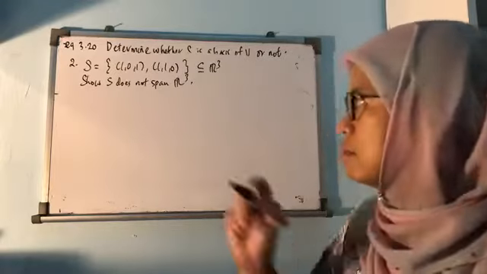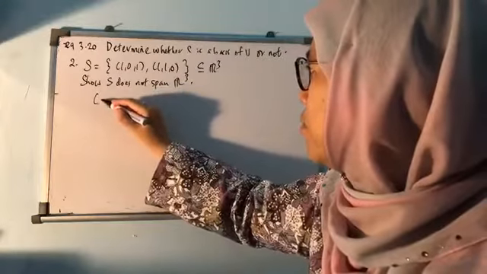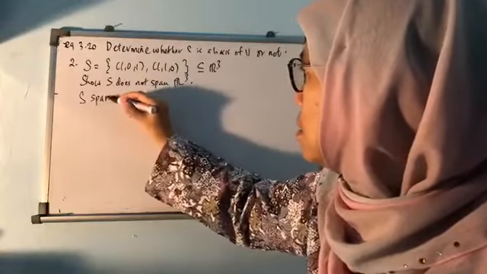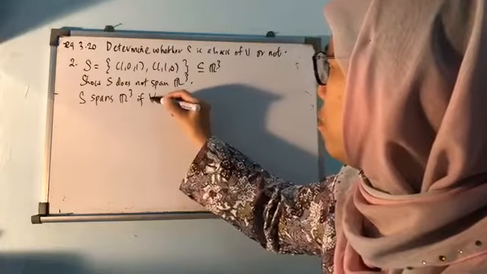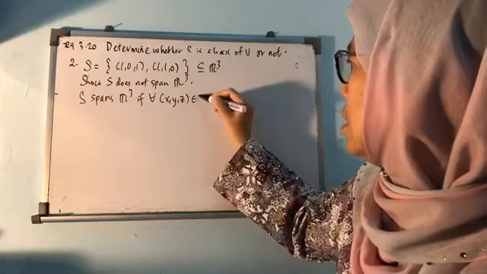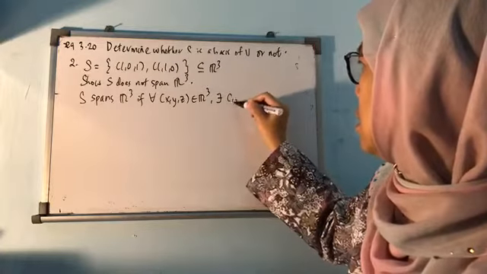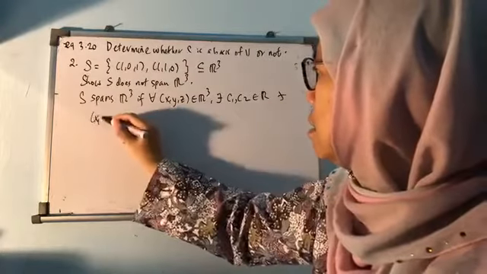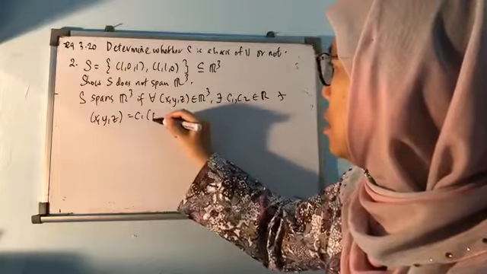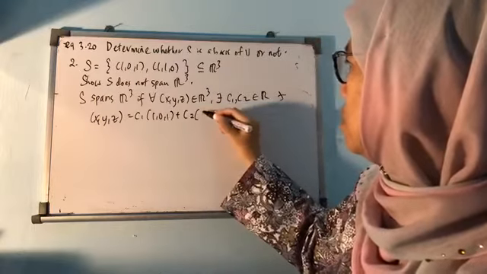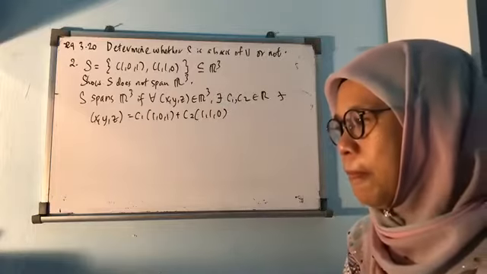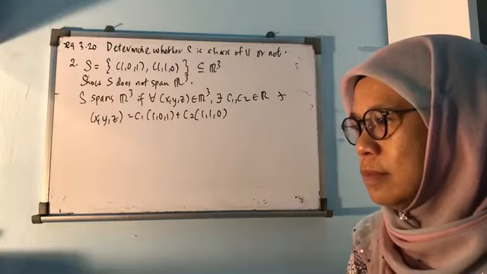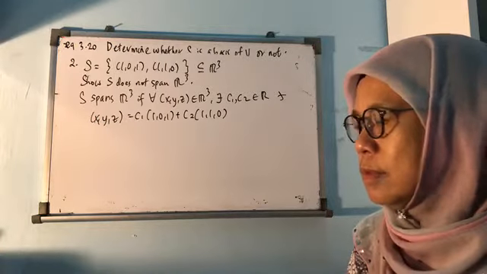How do you show this? S spans R3 if for all x, y, z in R3 there exist C1, C2 in R such that x, y, z equals C1 times 1, 0, 1 plus C2 times 1, 1, 0.